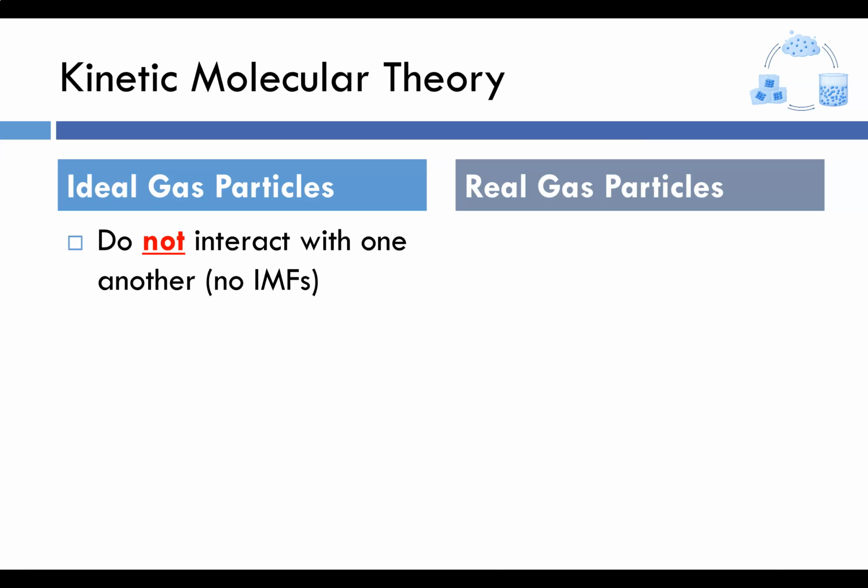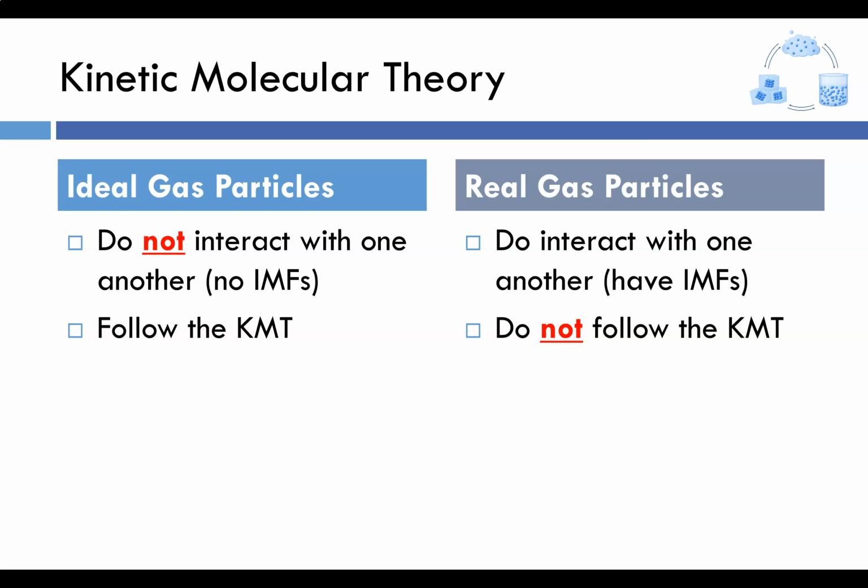And they're going to follow the other rules, or the postulates, I should say, put forth by the KMT. Real gas particles, they do interact with one another. They have intermolecular forces. And they do not follow the kinetic molecular theory. Most gases tend to behave as real gases in real life.